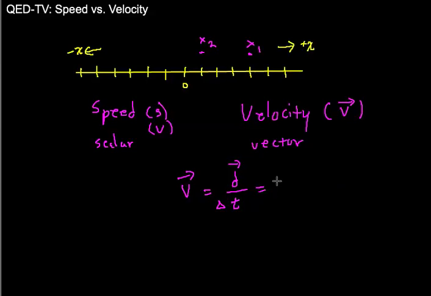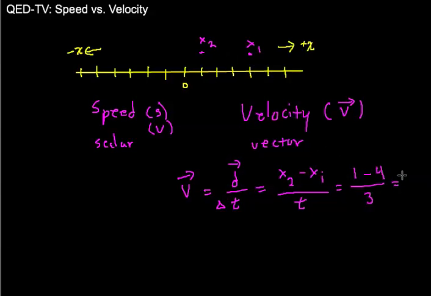But if I look at this, your displacement vector from your last video, if you remember that, would be final position minus your starting position, and then all over the time. So in this case up here, my final position is at +1, and subtract my starting position, which is 1, 2, 3, 4, and I said the total time it takes to go from position 1 to position 2 is 3.